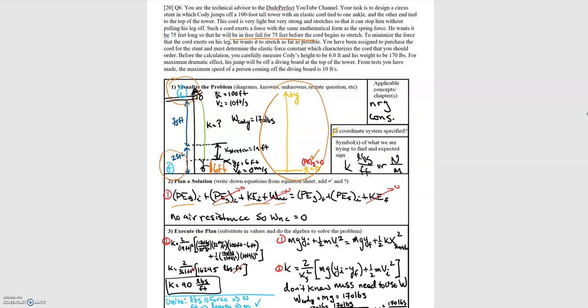The bungee cord is unstretched for the first 75 feet because we're in free fall, so the spring potential energy is 0. At the end, depending on where you choose your potential energy zero point, I chose it at ground level.